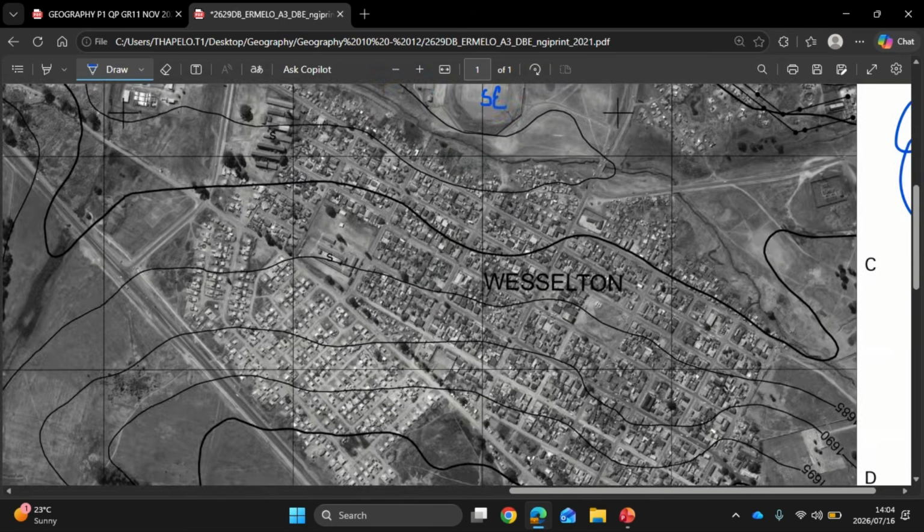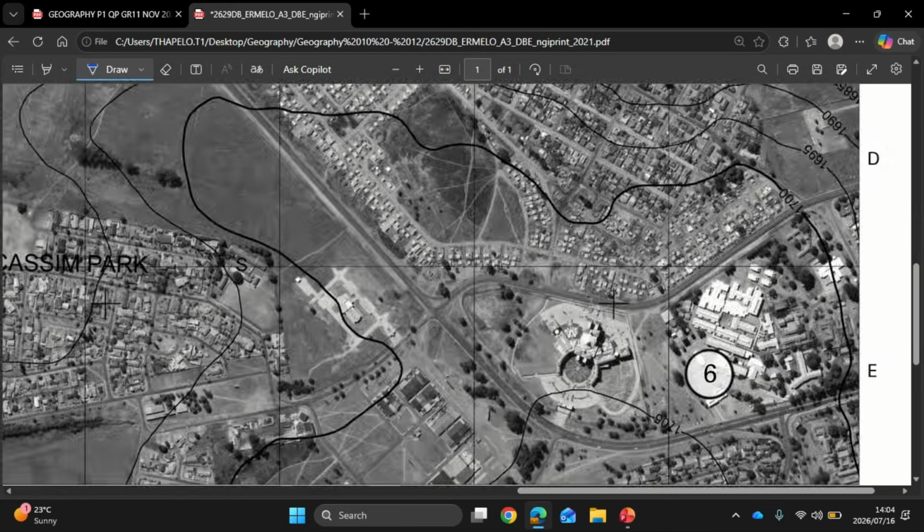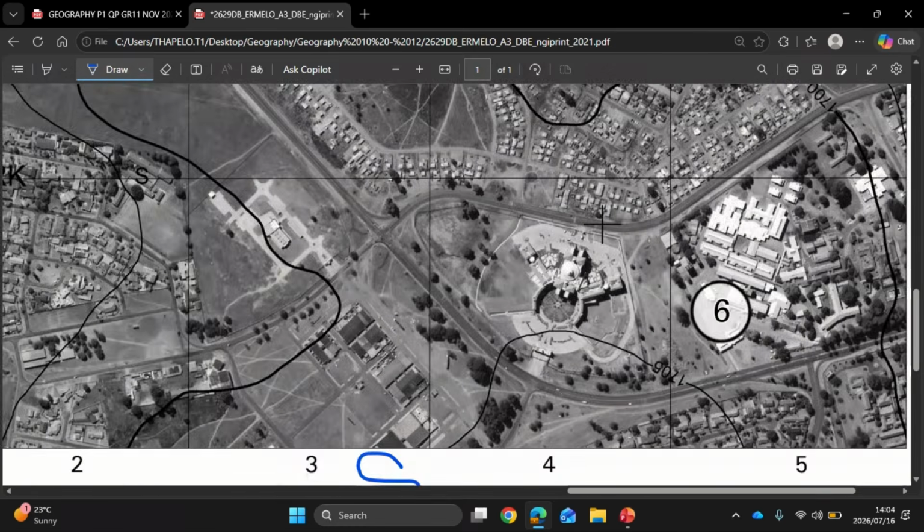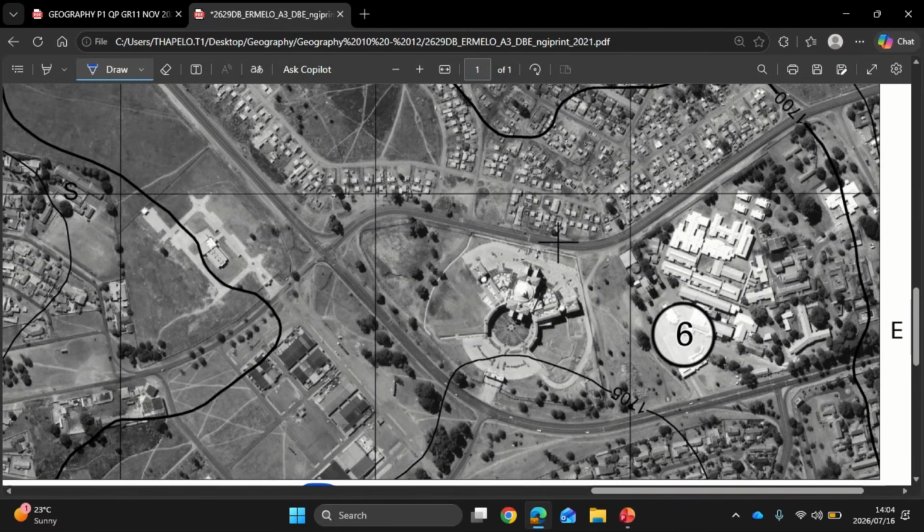Now let's go down and try and find another building or another piece of evidence to help us answer the question. When we look at this building over here, it could be a silo, but we know it is a building. The shadow of this building also lies towards the southeast.